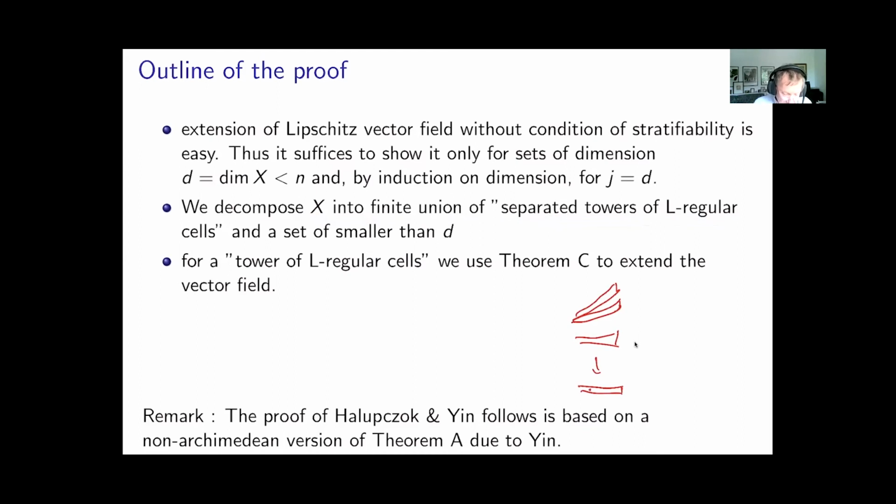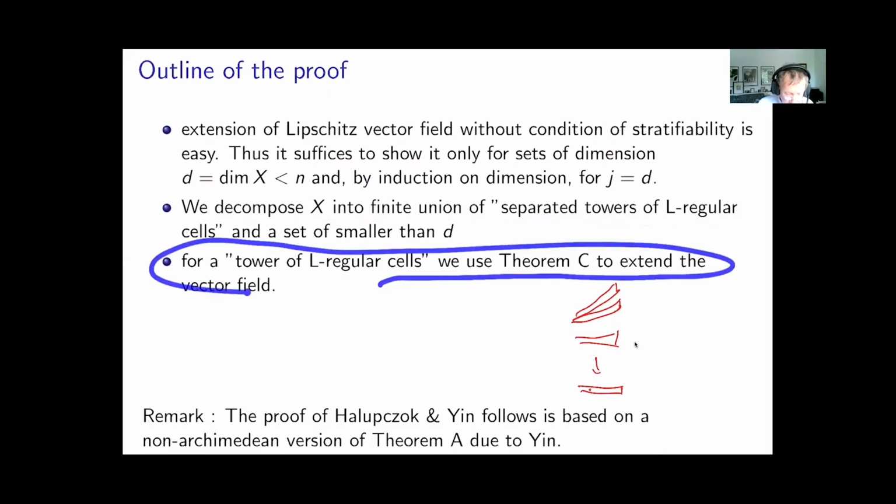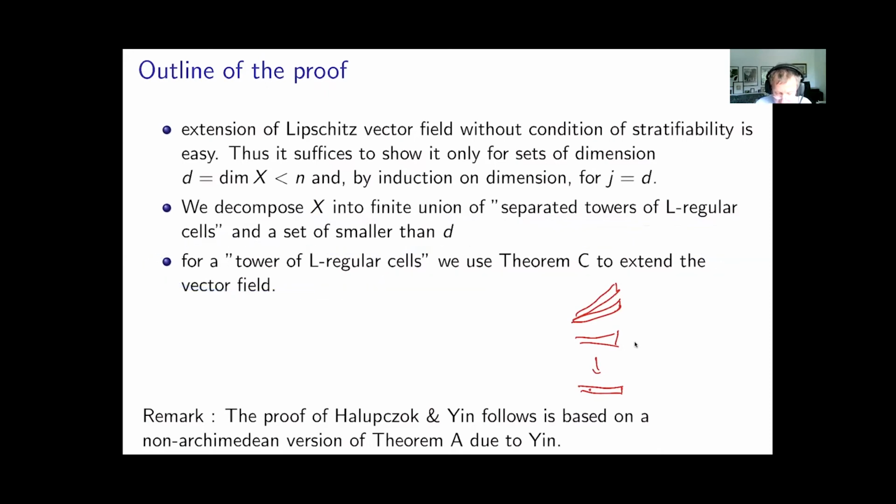And then use this theorem C to extend a Lipschitz vector field on such a tower. So actually you project them, extend inside, because here is the highest dimensional, there is no stratifiability condition. And then you lift it using theorem C.